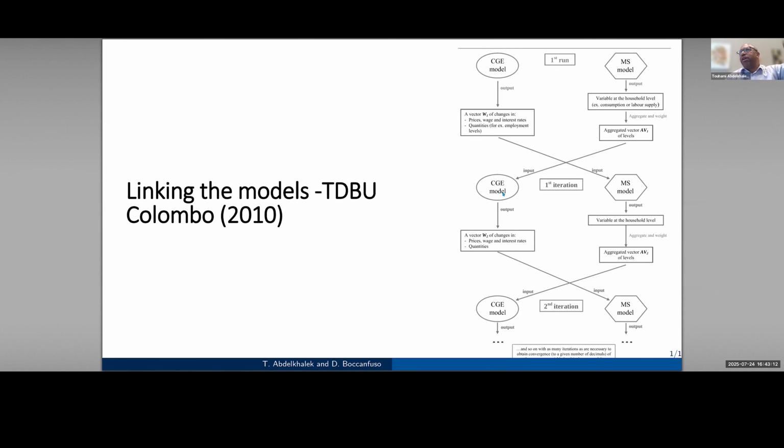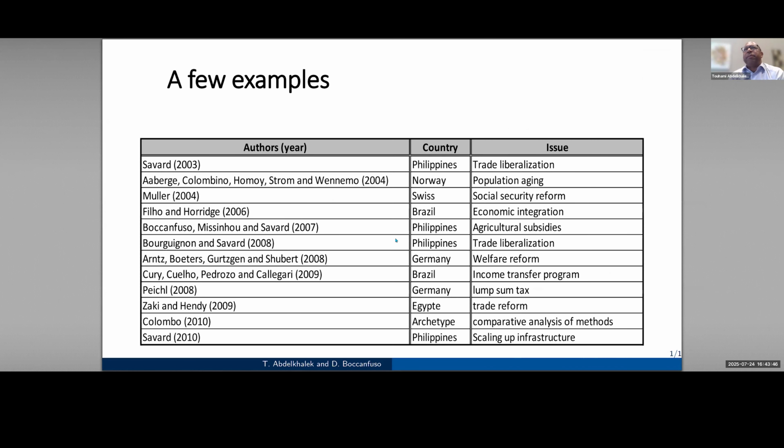In the second iteration, after this reaction, we have a new vector of endogenous variables from the CGE model that impacts the household, and we have the loop. It's a very interesting approach, but it's advanced, and the algorithm to program it is somewhat complex, but we can do that. This is the last approach we can present at this level.